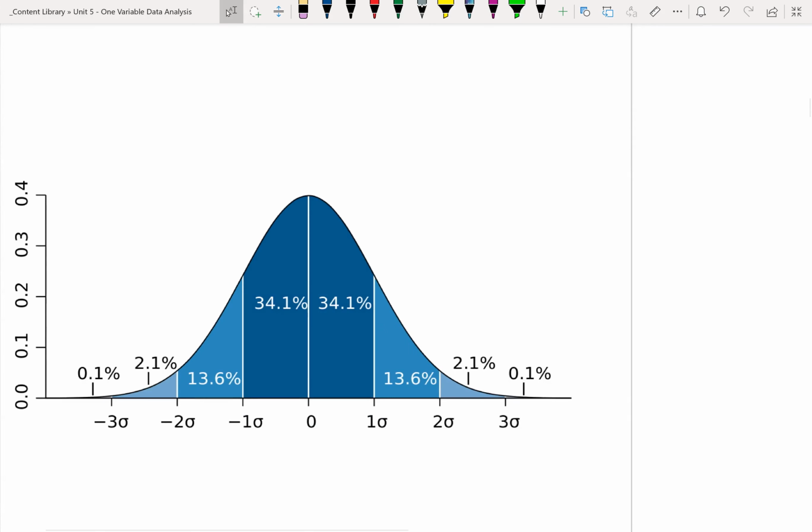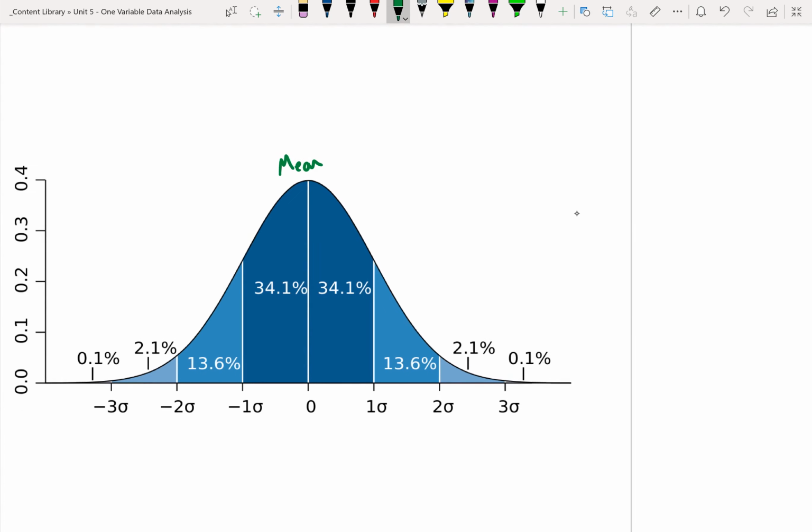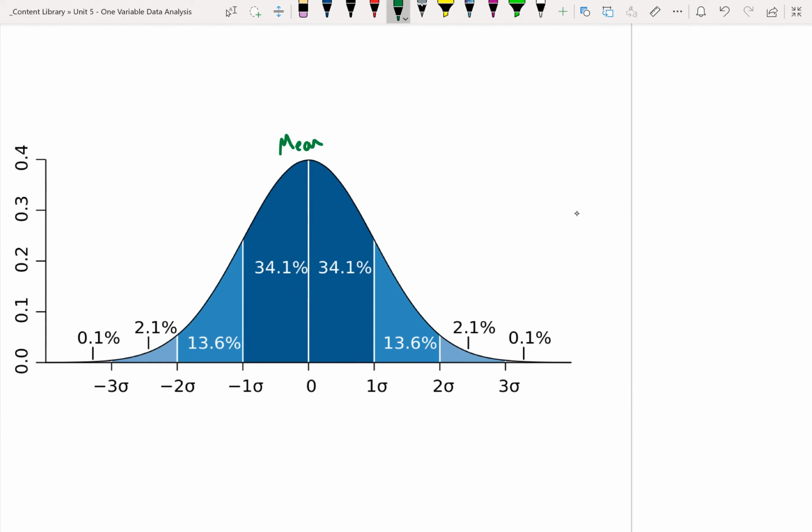In this diagram of a normal distribution, this shows what standard deviation actually represents. We have our mean in the middle, as we talked about before, and down here at the bottom, this is one standard deviation away, and two standard deviations, and three, and so on.